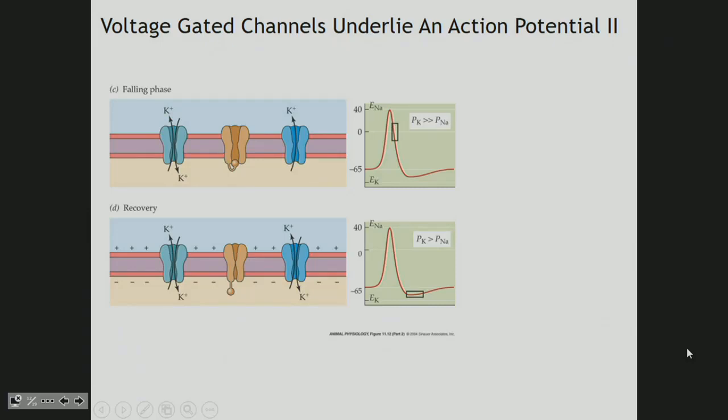They're bringing in the potassiums and kicking out the sodiums. Eventually, with all this potassium leaving the cell, you're going to have a little bit of what's called an undershoot, so you're more negative than the equilibrium potential for potassium. And then eventually you'll get the equilibrium back, because the voltage-gated potassium channels will close. Okay?